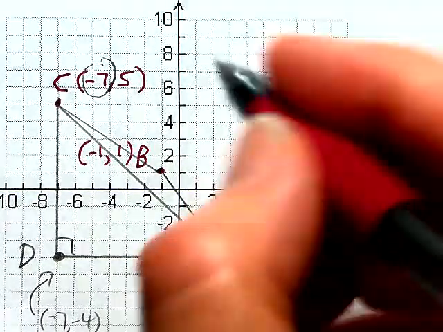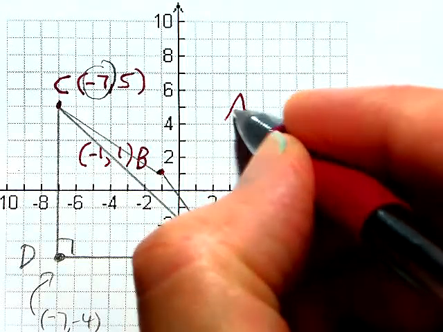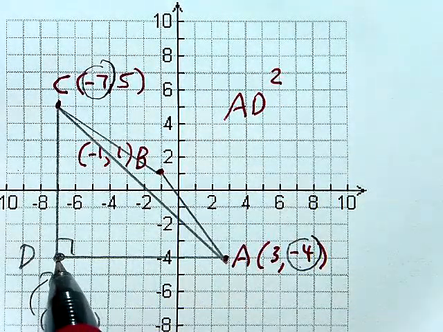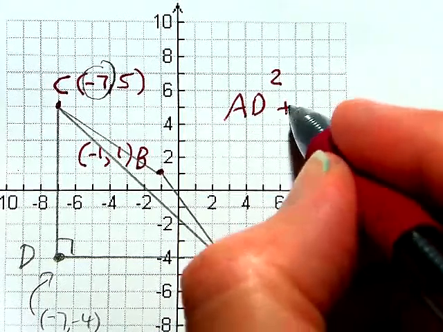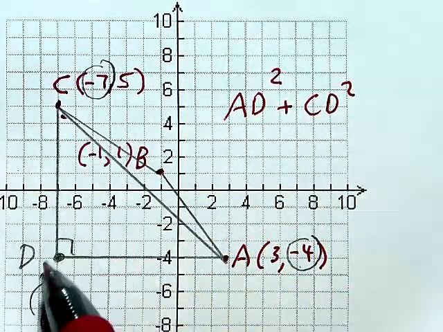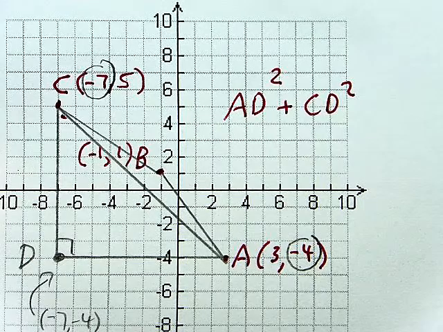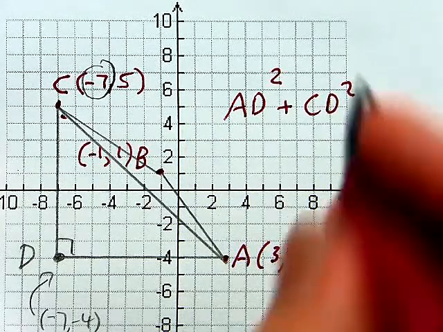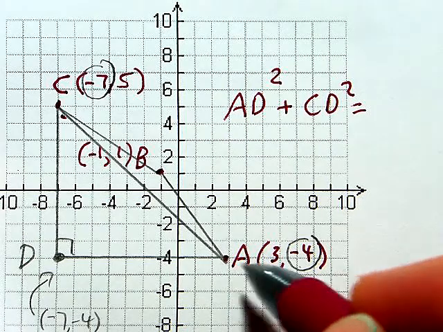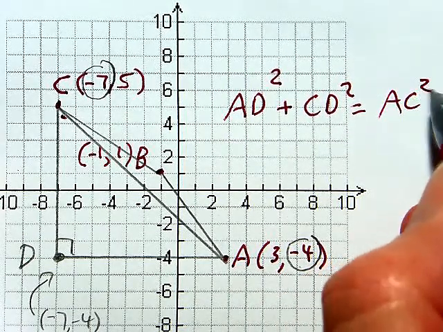So I'm going to write that formula as the measure of AD squared, AD is this leg of the triangle, plus the measure of CD squared, that's this leg of the triangle. Keep in mind that those are both on the same side of the equation, and the hypotenuse, which is AC, is on the other side: equals AC squared.